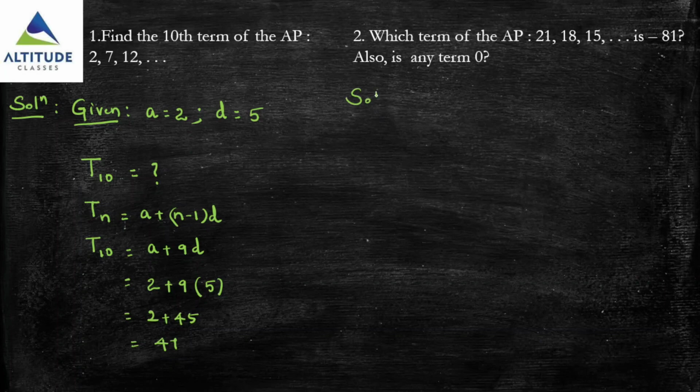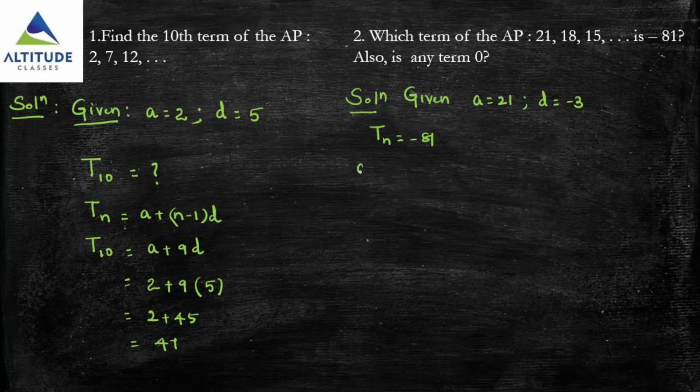They are asking which term in this AP is minus 81. Let's first write what they have given. A is equal to 21, common difference is equal to minus 3, since 18 minus 21 is minus 3. T2 minus T1 will give you the common difference. They are asking which term is minus 81. Let us consider that as Tn.